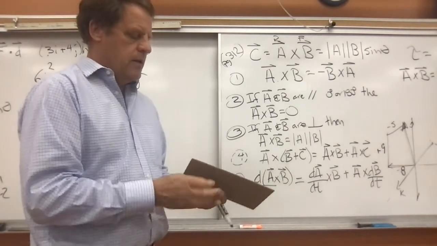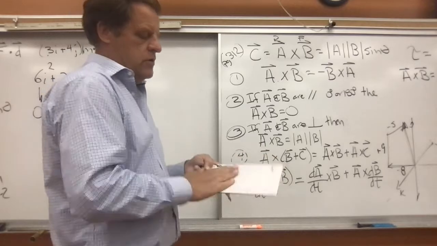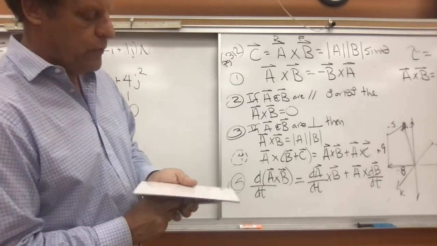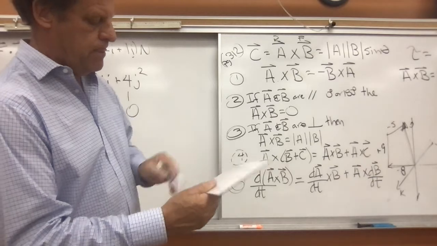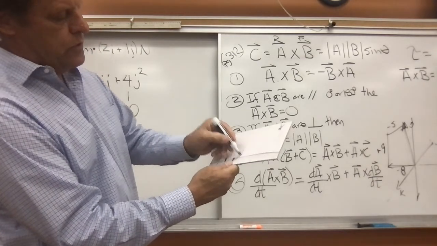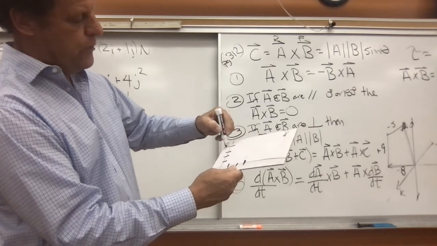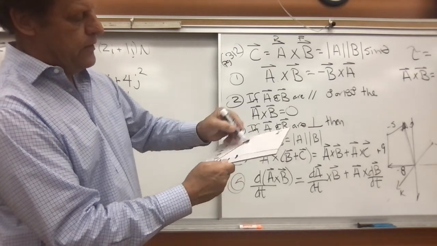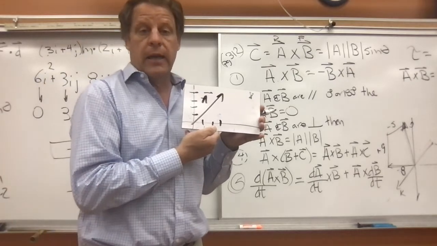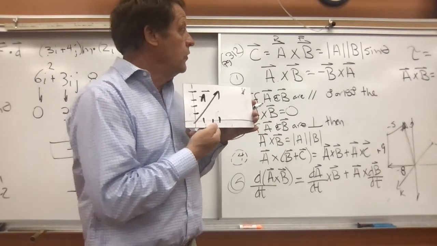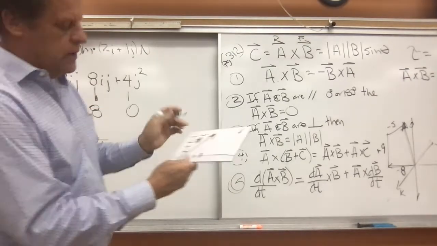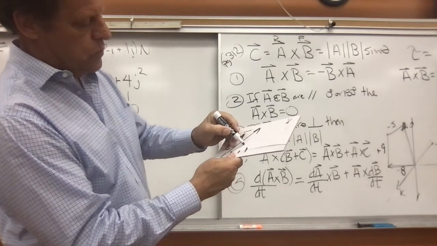But if we go to our original, 1, 2, 3, 4, this would be vector A. Notice it's in the first quadrant. Now we take a look at our second vector, which is 2, 1, so 1, 2, 1.